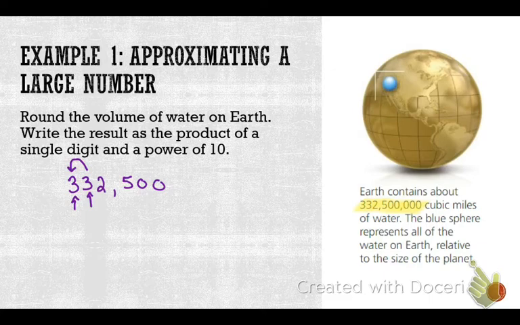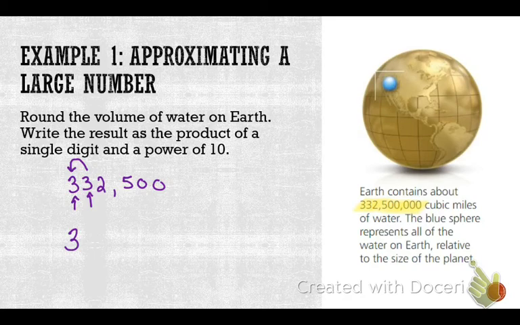What is that little saying you learn in elementary school? 5 or more, raise the score. 4 or less, let it rest. Do you remember that? That came from somewhere. So 3 is 4 or less, so I just leave it alone.